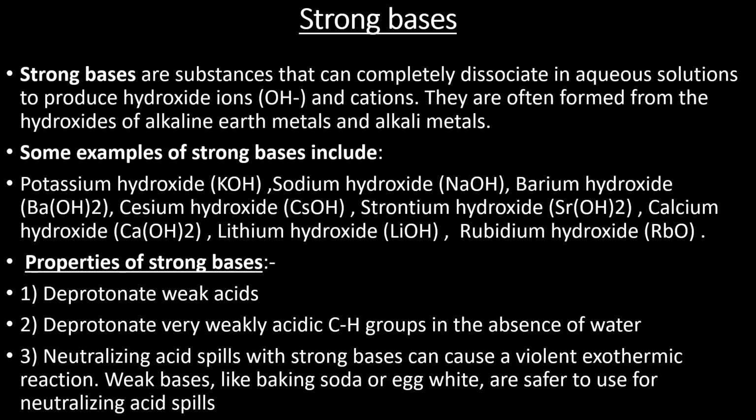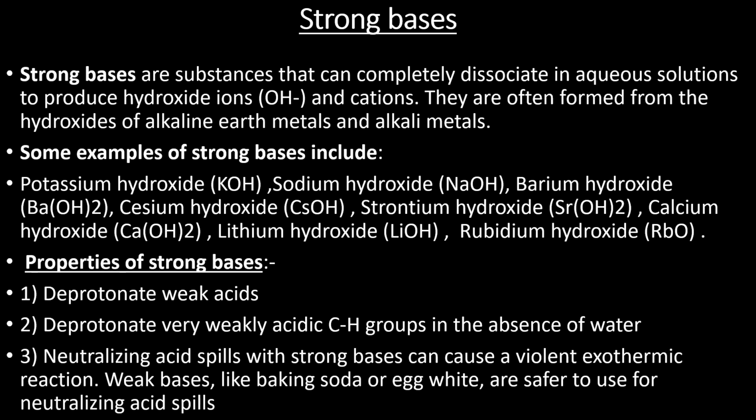As I have told you earlier, when a base is dissolved in water, it is dissociated into two parts. The first part is a metal ion and the other part is OH, the hydroxide ion. In the case of strong bases, take one example to understand it.